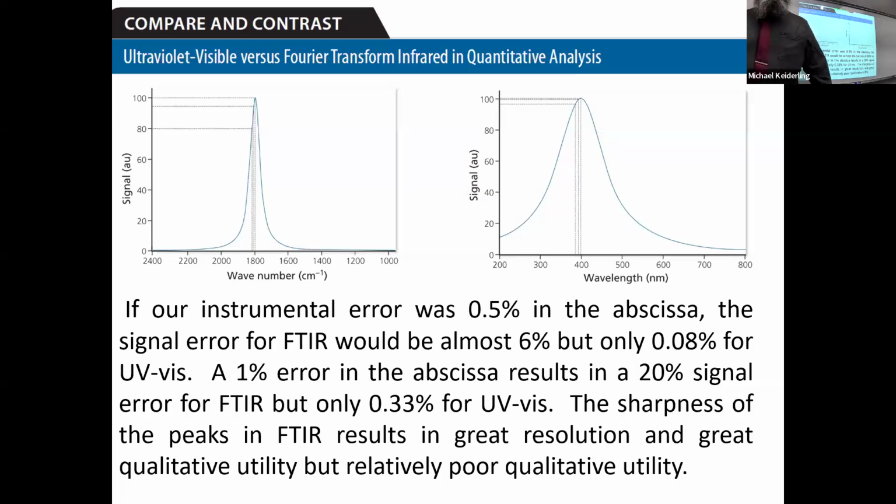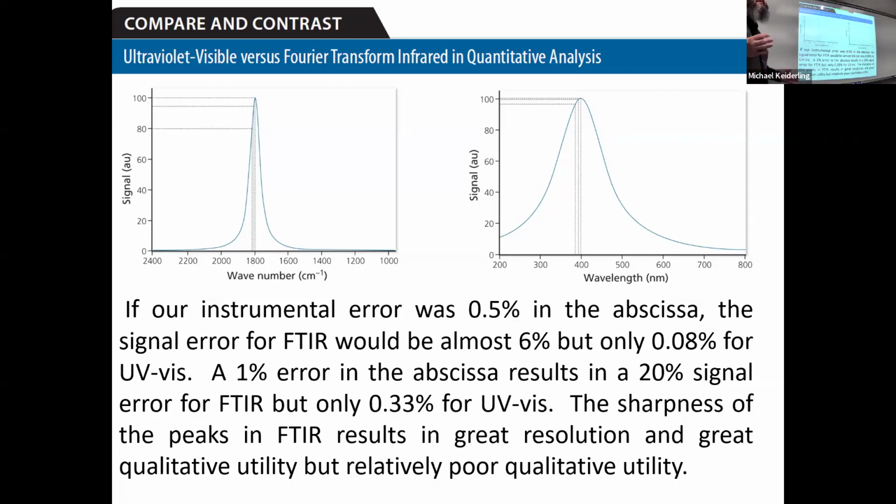So here's why we prefer UV visible for quantitative analysis compared to infrared. If your instrument error was 0.5% in the abscissa, the signal error from FTIR would be almost 6% in quantity, but only 0.08% for UV visible.